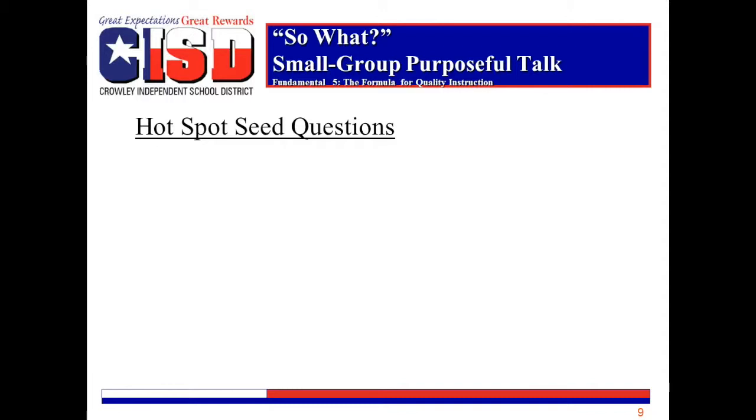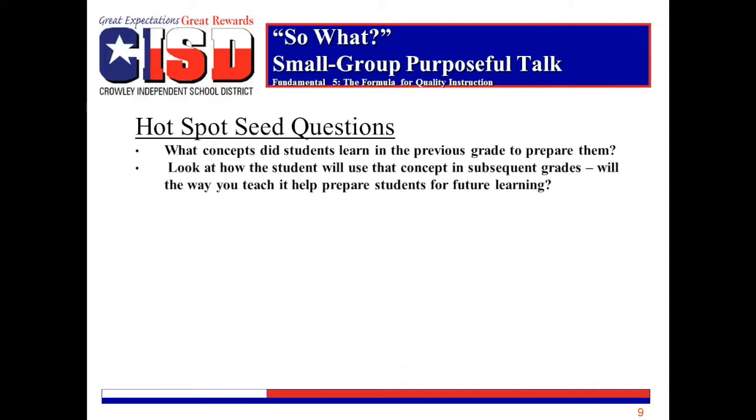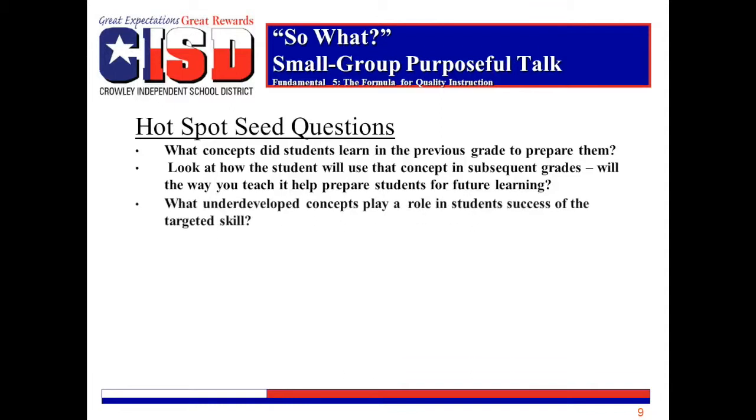The questions for discussion are: what concepts did students learn in the previous grades to prepare them? This can be found in the unit overview of the IFD. Also, in the unit overview, look at how students will use that concept in subsequent grades. Will the way you teach it help prepare students for future learning? In the Underdeveloped Concepts and Misconceptions section of the IFD, what underdeveloped concept plays a role in student success of the targeted skill?